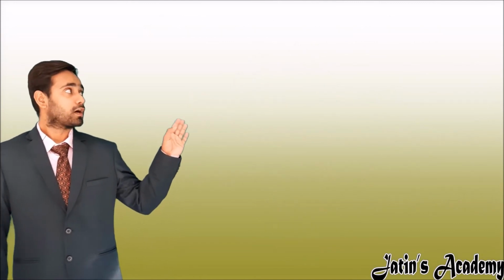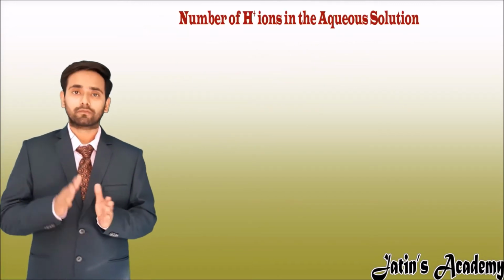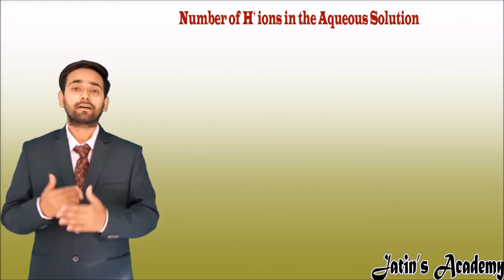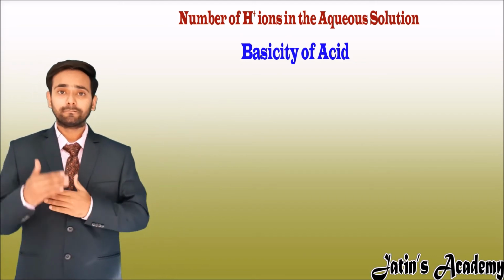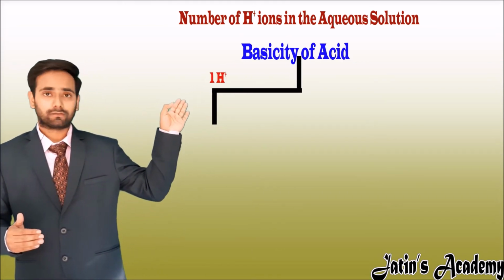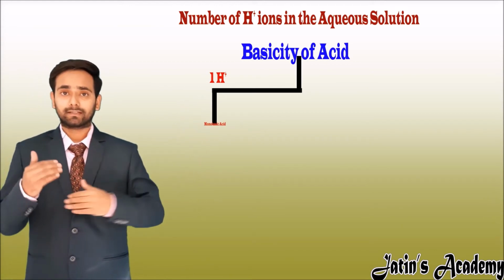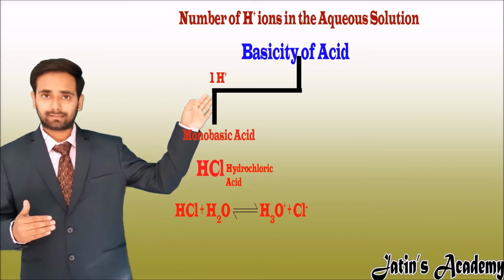Now, depending upon the number of H positive ions in the aqueous solution, we define a new term called basicity of acid. If an acid gives 1 H positive ion in the solution, it is called monobasic. An example is HCl.